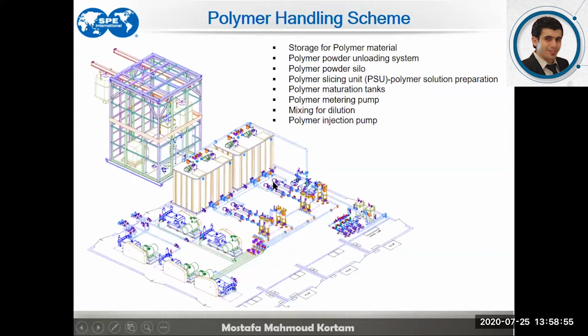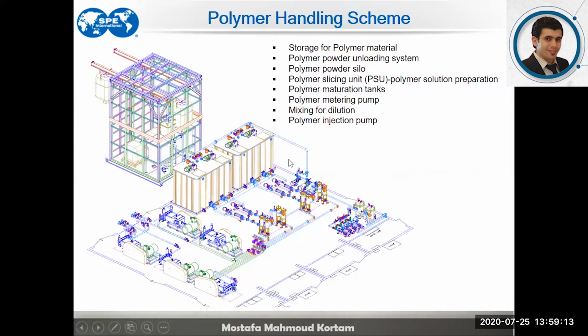Then it is moved to what we call a maturation tank to reach stabilization or stagnation in order to obtain an effective, thick, homogeneous polymer solution. So it requires some time.